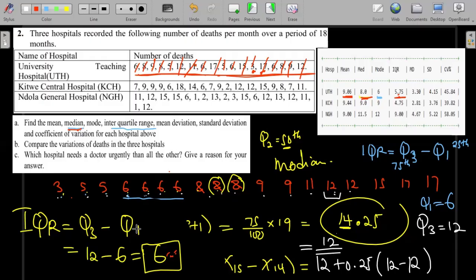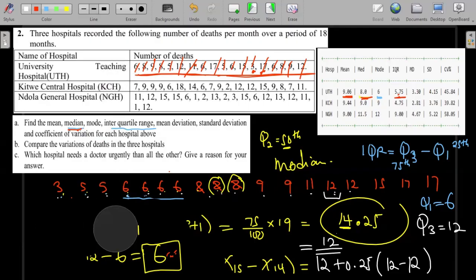Okay, so now we find the mean deviation. The mean deviation has a formula. The mean deviation is the summation of the modulus of each x value minus the mean, and then you divide by the number of observations that you have.